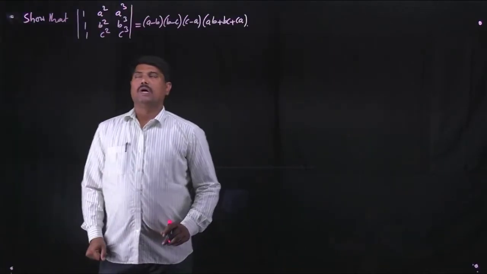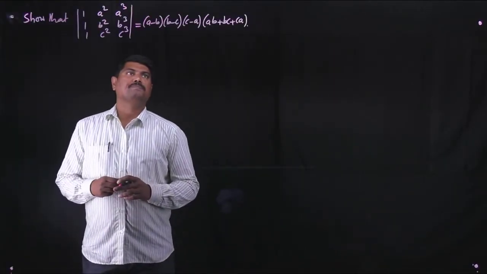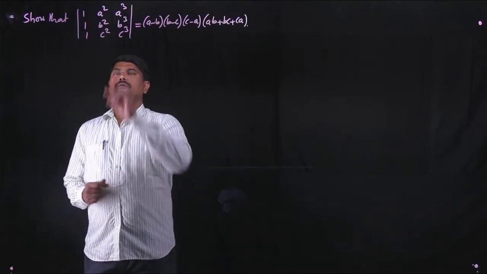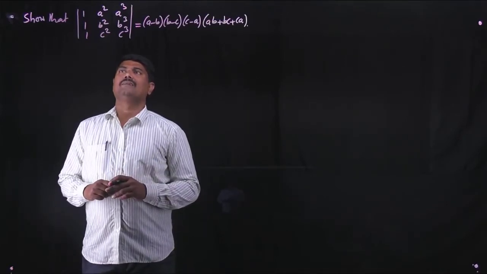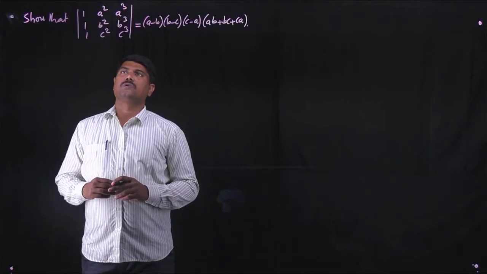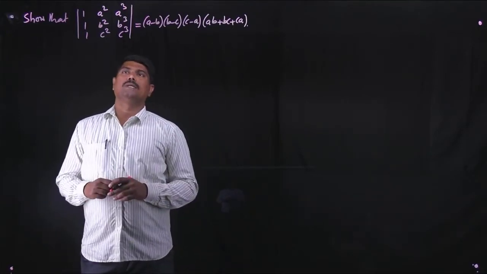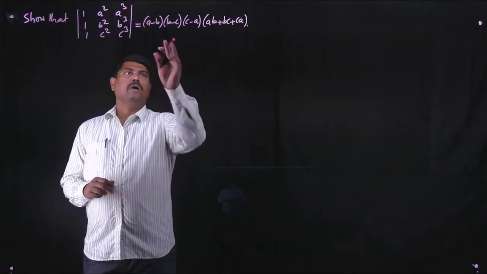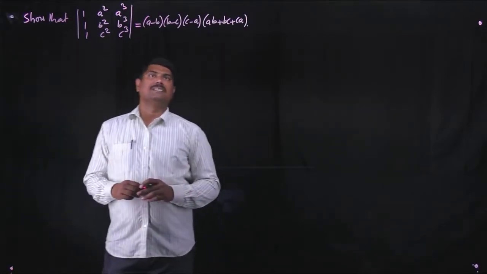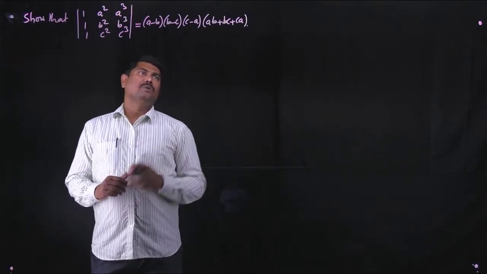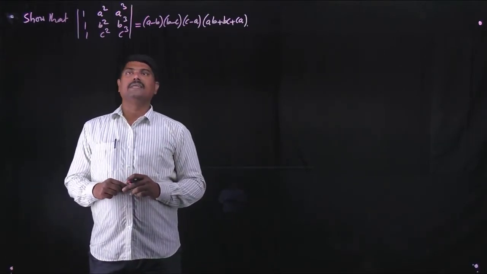Now observe one more problem related to the same concept we are discussing. So we have to verify the determinant of first row 1, a square, a cube; 1, b square, b cube; 1, c square, c cube. We have to verify that the answer is (a minus b) into (b minus c) into (c minus a) into (ab plus bc plus ca).